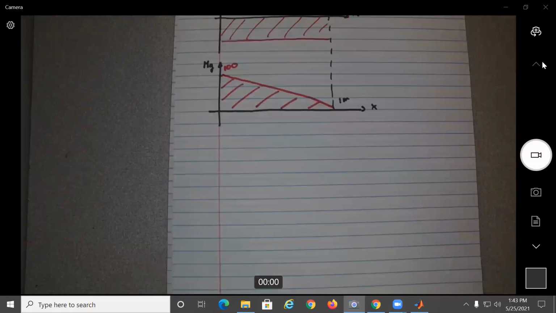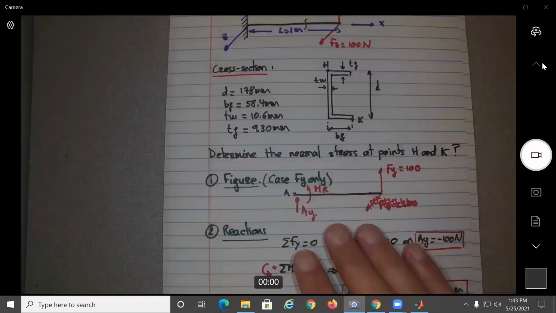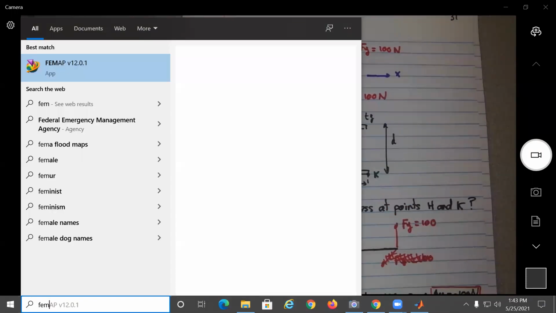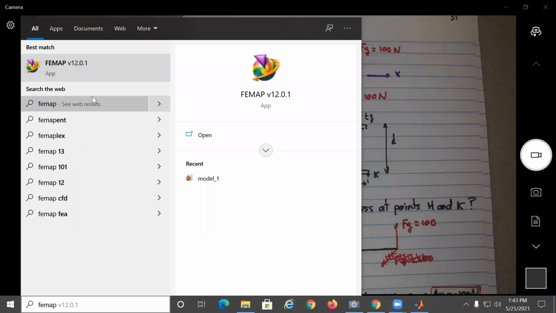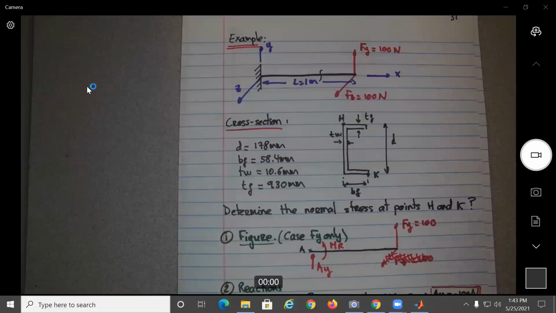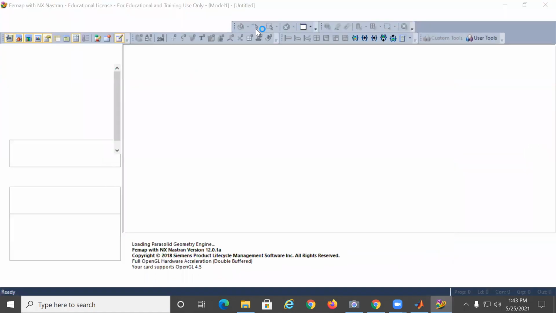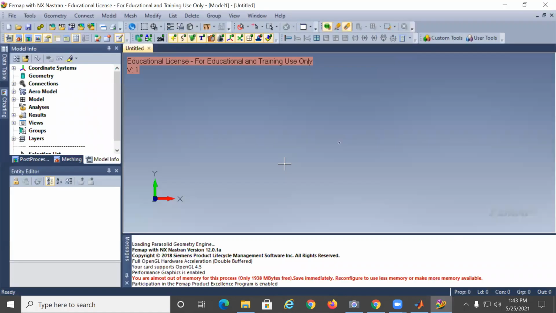So we go back to our problem, this one here. And now personally, what I would do is go here and check with FEMAP. So open FEMAP. In FEMAP, I will do model.